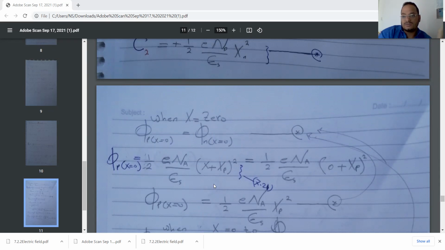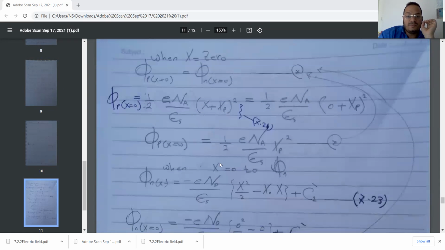We know the result of equation 7.21: the electron acceptor concentration divided by the permittivity, times the bracket x plus the width at the P region, all of that squared. Now let's put x equals 0 and calculate the last equation.